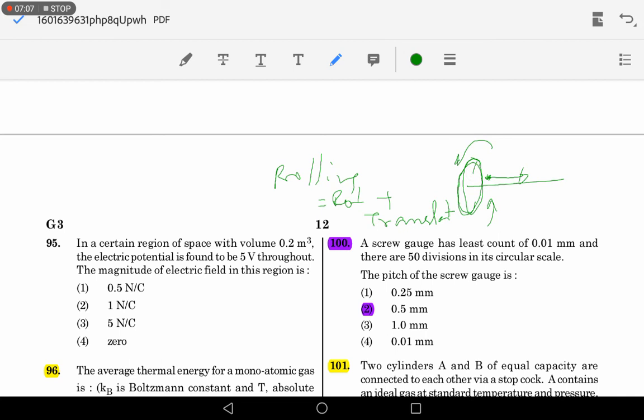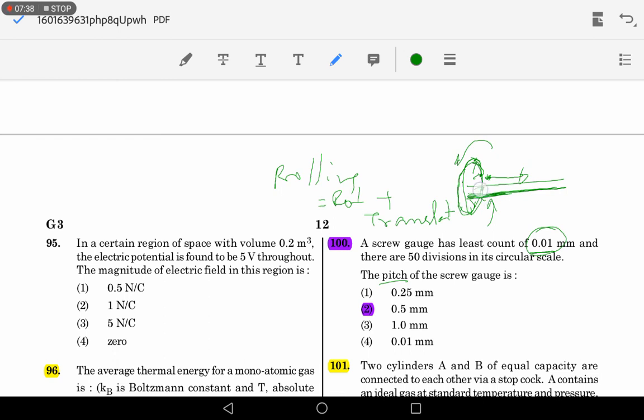It is said that the circular scale has 50 divisions. For moving from one division to the other, it measures 0.01 millimeter on the main scale. What is pitch? Pitch is the distance covered on the main scale for making one complete rotation.